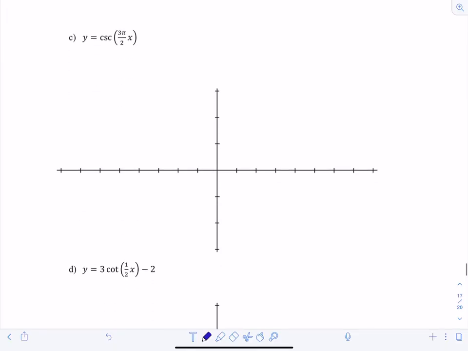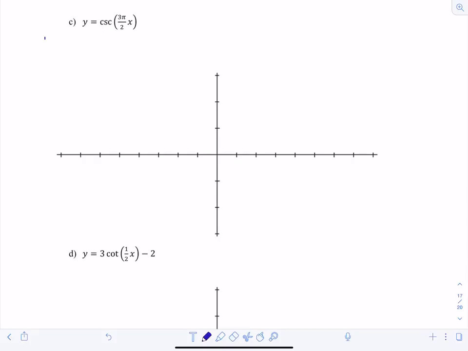Okay. Next is y equals cosecant of 3 pi over 2 times x. So again, we're going to start off by graphing sine, okay? And then there's been no stretches, no reflection, no vertical shifting. The only thing that's happened is the period's been adjusted. So that's not too terrible. So let's see here. The period is going to be 2 pi over 3 pi over 2.